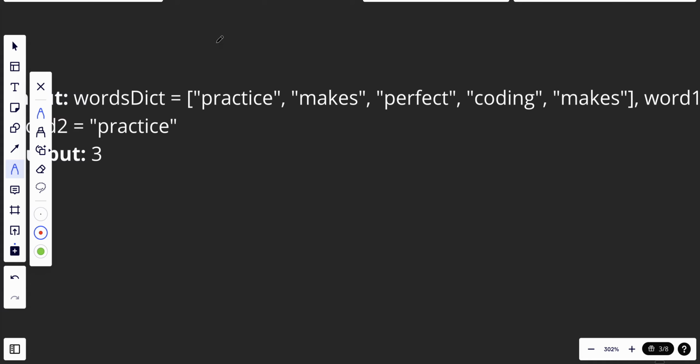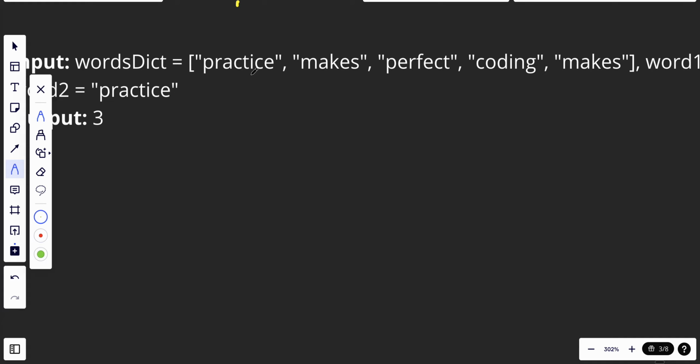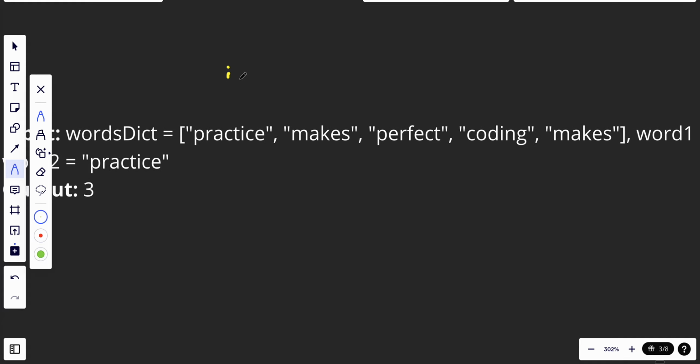If we create two pointers, I1, which will equal minus 1, and I2, which will also equal minus 1, we will start to loop through each one of these against each element of this array.